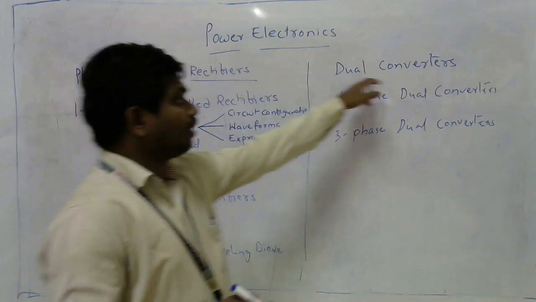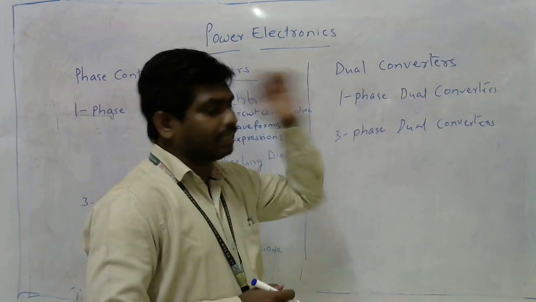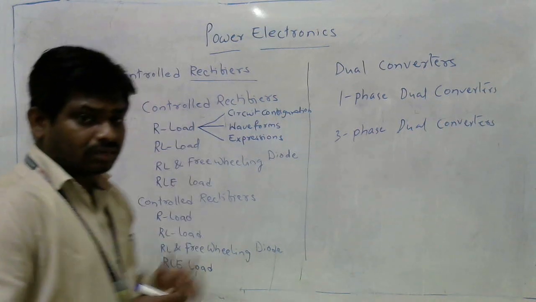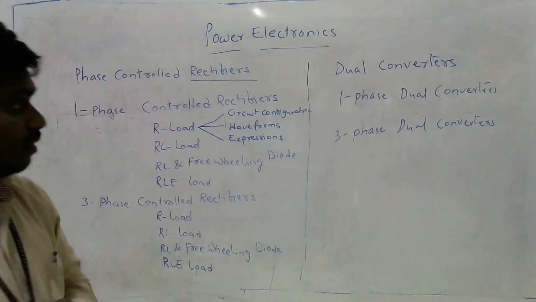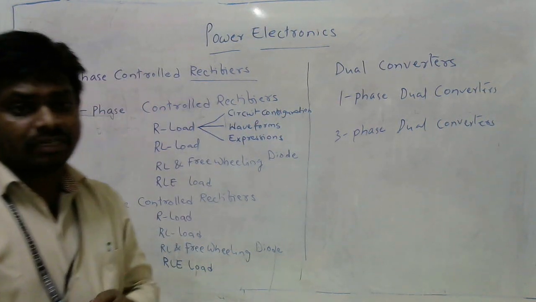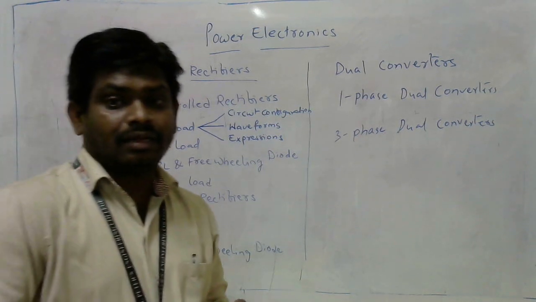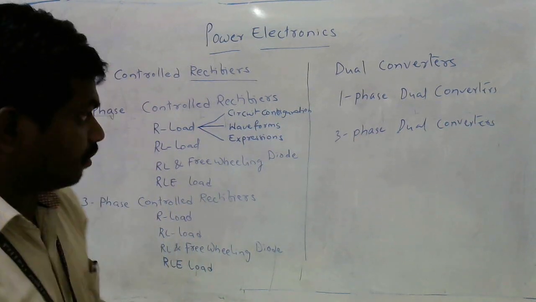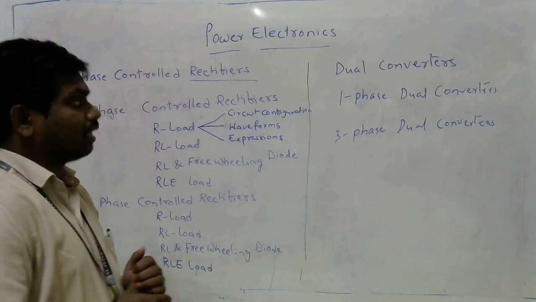When we see the dual converter, it means there exist two converters. With the help of dual converters, we can get all four quadrant operations in a single dual converter.